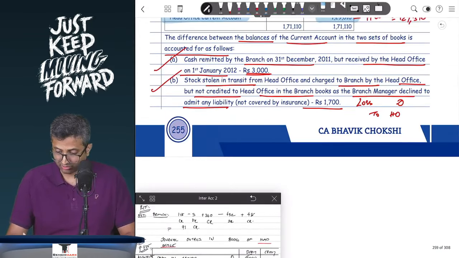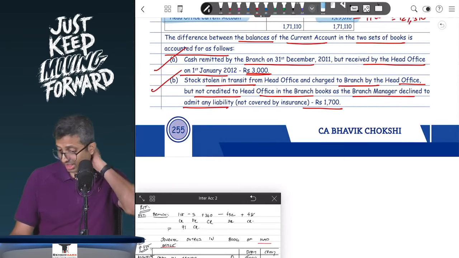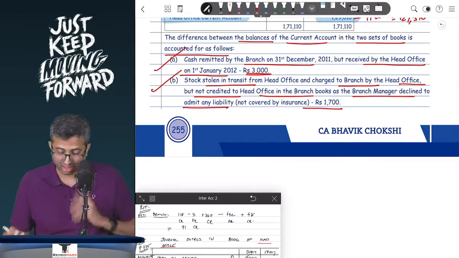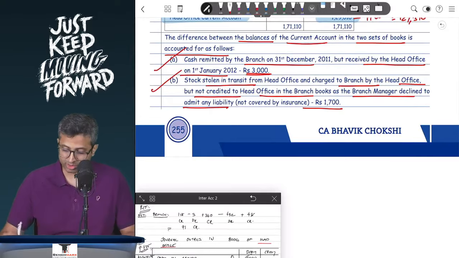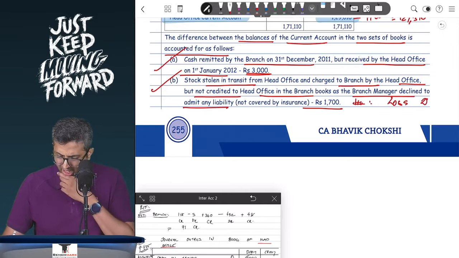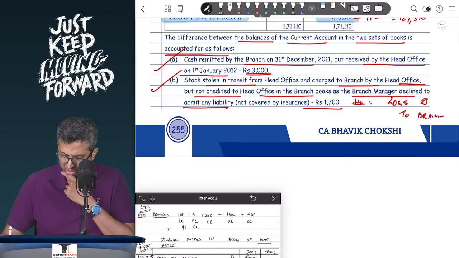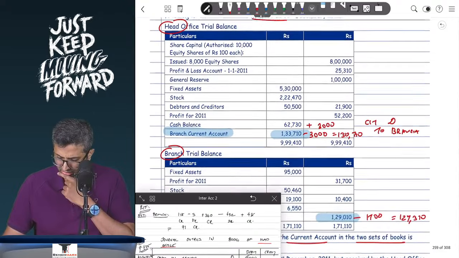Acha, maybe what they've done is they've said that the branch manager has not accepted liability, which means this is a loss borne by the HO. So even over here the entry will be in the books of the HO, that is a loss that will be borne by the HO, and I had debited the branch, so I will have to credit the branch. Is it? Maybe.